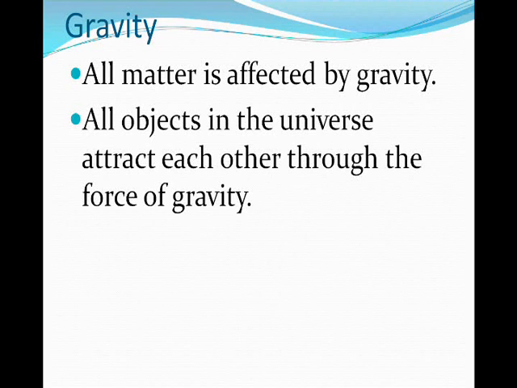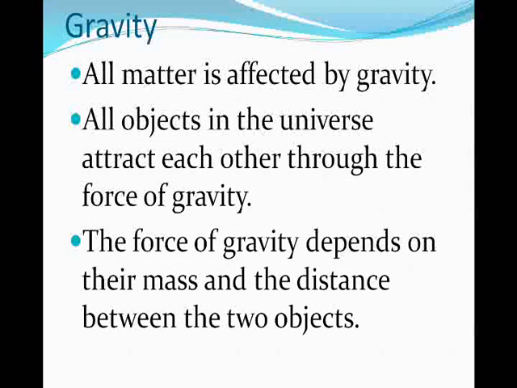Now, all objects in the universe attract each other through the force of gravity, and the strength of that force depends on the objects' mass and the distance between the two objects. If the distance between the two objects increases, the effect of gravity is going to decrease, okay? So if I'm on top of a mountain, the force of gravity is less on me than if I'm on the ground.